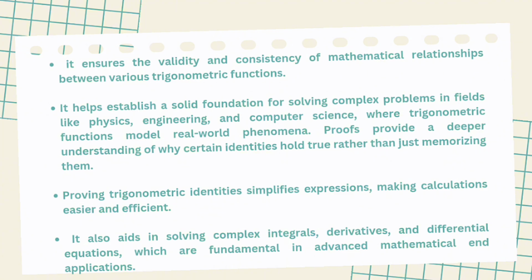Proofs provide a deeper understanding of why certain identities hold true rather than just memorizing them. Additionally, proving trigonometric identities simplifies expressions, making calculations easier and more efficient. It also aids in solving complex integrals, derivatives, and differential equations, which are fundamental in advanced mathematics and applications.